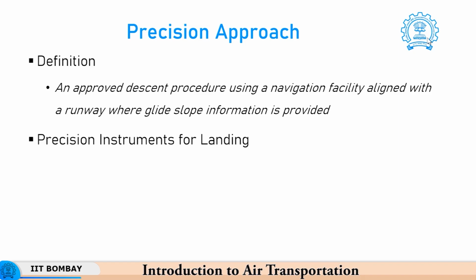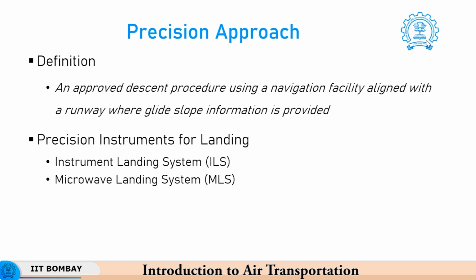So, there are several types of instrumentation systems which are used for providing precision approach during landing. The most common and the most well known instrument system is called the instrument landing system or ILS. There is also a more advanced version compared to ILS called the microwave landing system or MLS.